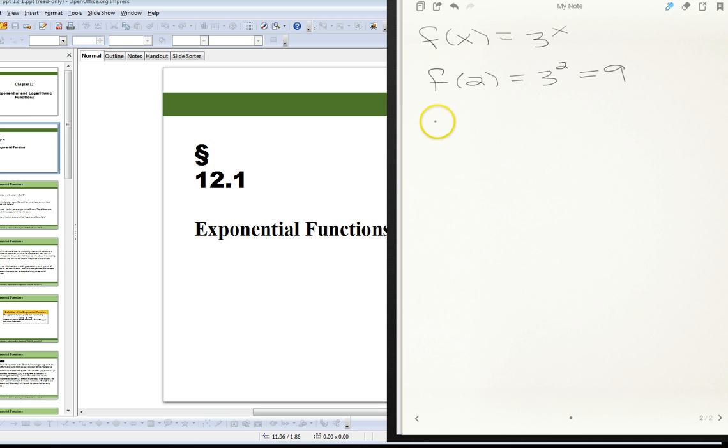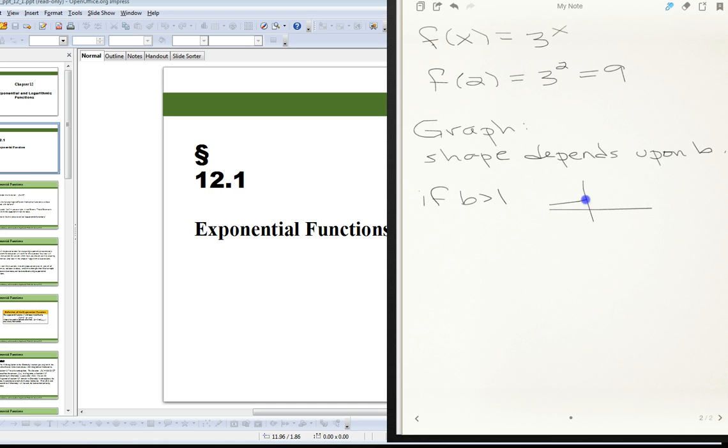The graph of an exponential function, the shape of it depends upon what b is, right? So here we should say shape depends upon b, the base. If b is bigger than 1, then we get a shape that looks like this.